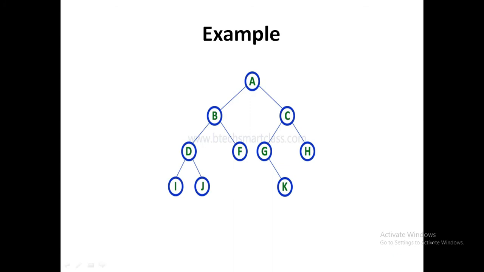Consider this example. A node A having 2 children, B as its left child and C as its right child. Consider any subtree, D having 2 children, I as its left child and J as its right child.